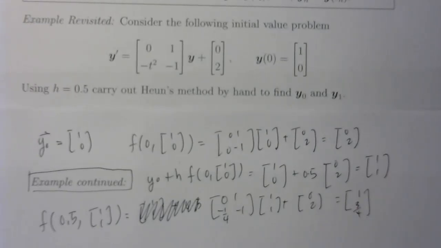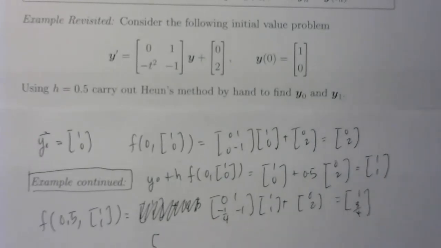Great. So let's put it all together. So y1 is going to be y0 plus h, so h is going to be 0.5. We'll write it like this.